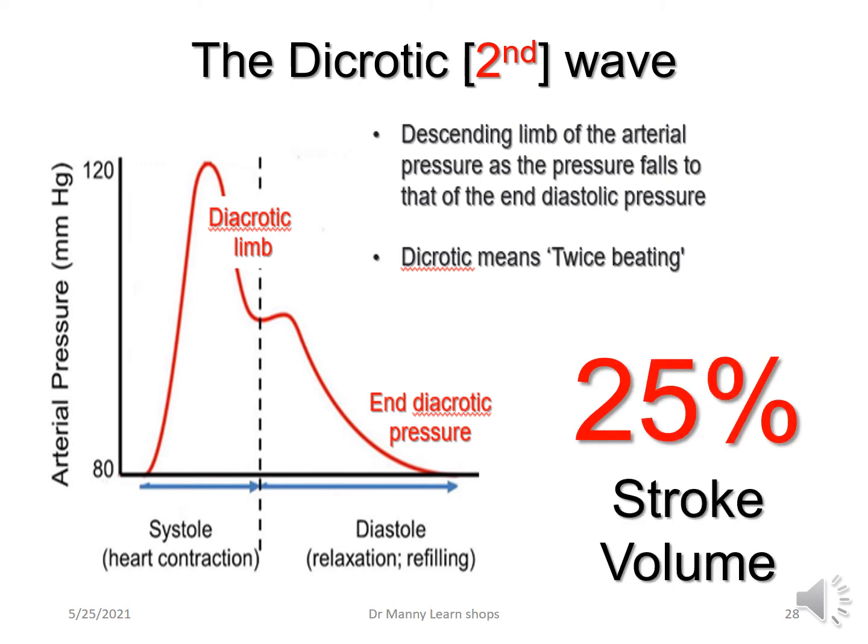And it's during this phase that still, with runoff, flow, following the contraction of the heart, you get 25% of stroke volume being ejected. 75% anachrotic limb, 25% diacrotic limb.